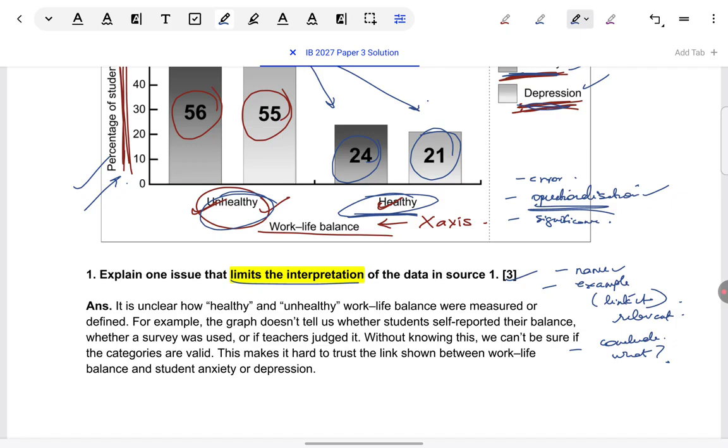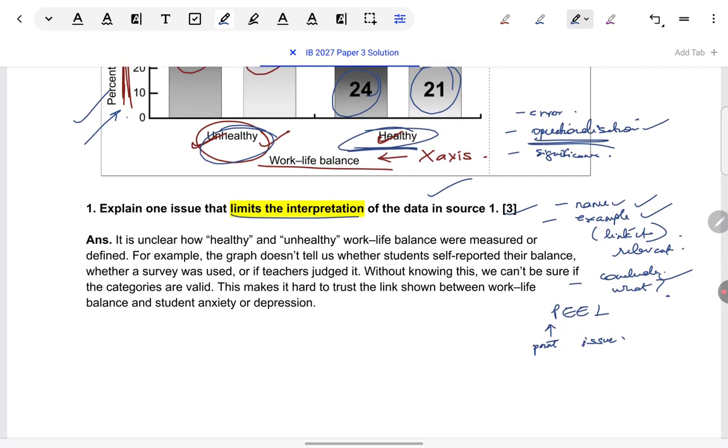So this structure you can follow. Normally we call it a PEEL structure. P: we make a point as to what the issue is. E: we explain and give an example that is relevant to the given context in relation to this point, showing how the issue is seen here.